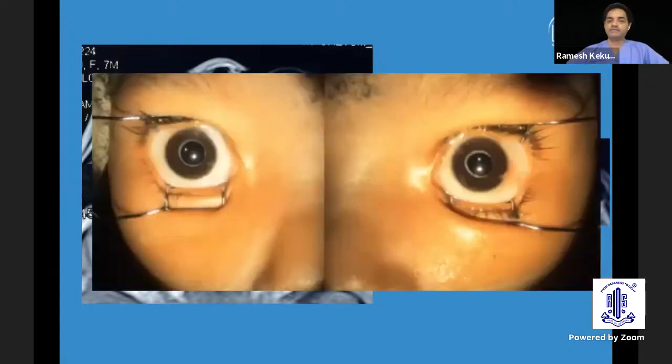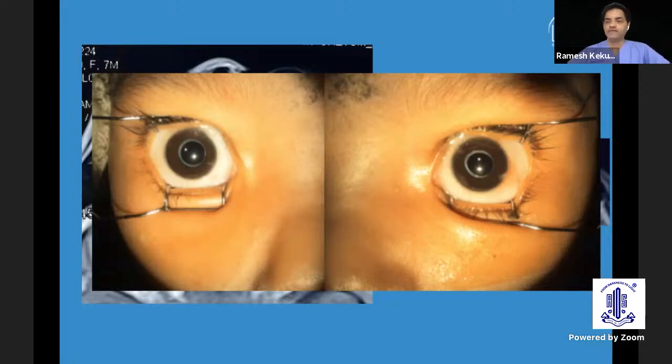Ultimately, we would like to be here with the clear visual axis, lens in the back. Axis size is quite good. There is no donut or posterior capsular opacification or visual axis opacification. That's the goal of the surgery.